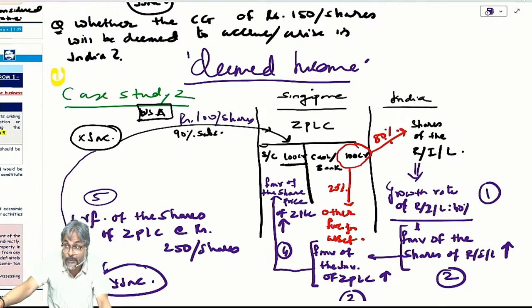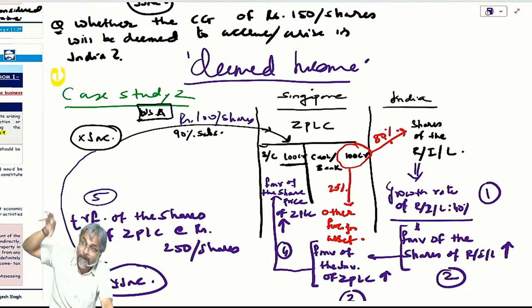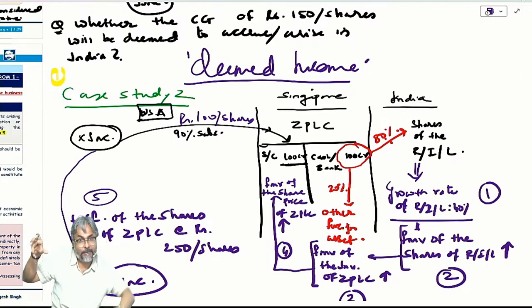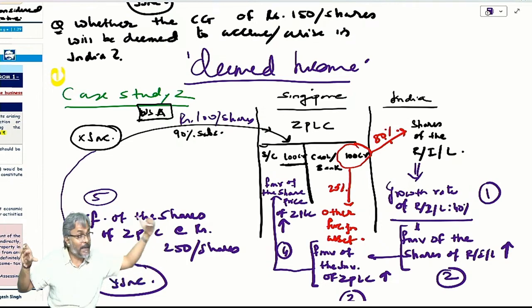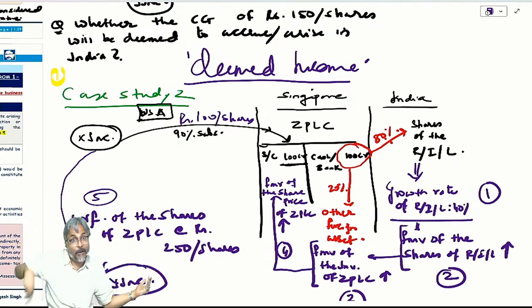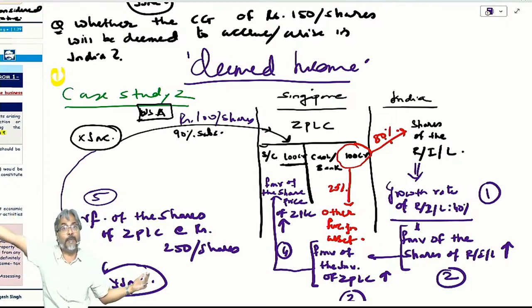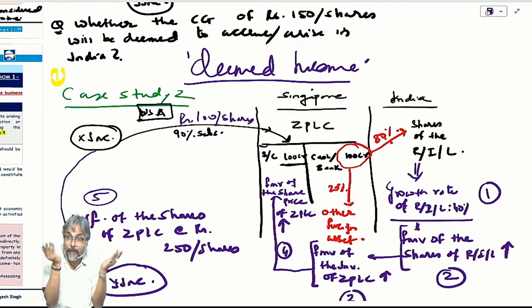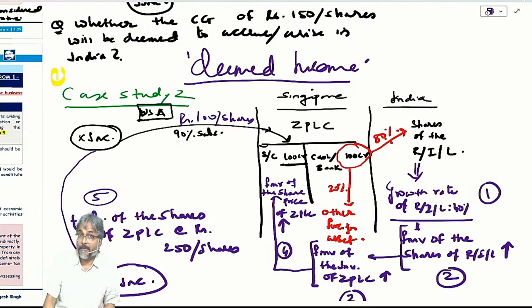Which means, show me the provision where it is written that if a foreign company share is transferred, the capital gain could be taxed in India because the economic advantage is coming from India. We need the provision. Without a provision, there cannot be taxation under a deeming provision. So a deeming provision has to be very specific.